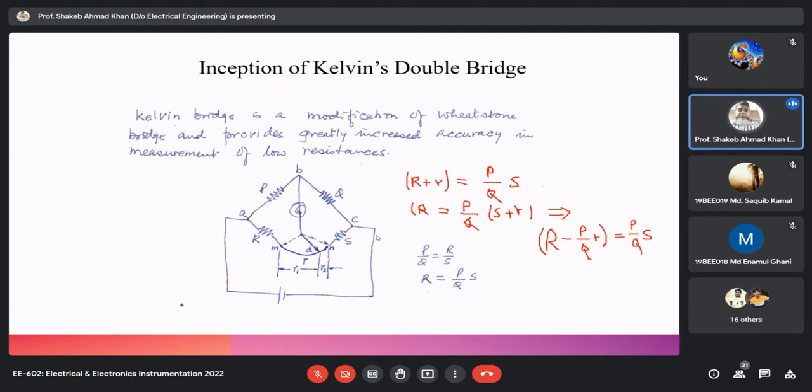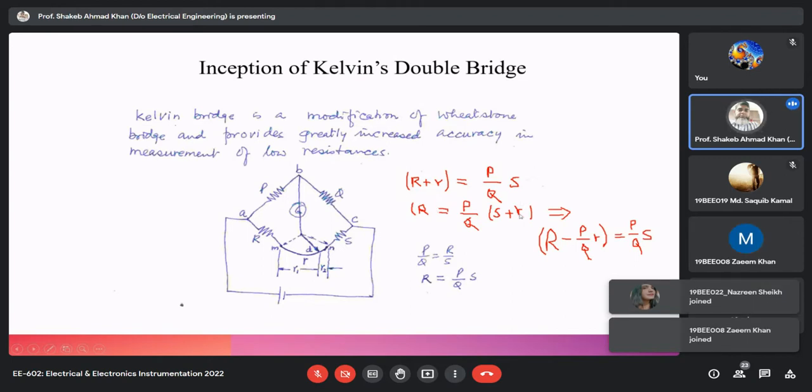We considered lead and contact resistance as a lump resistance. Here it is shown as a small r value, and if we try to balance it with the simple method of connecting the galvanometer at one side of this considered lead and contact resistance small r, or the other side, in both cases your lead and contact resistance comes into the expression of the unknown resistance.